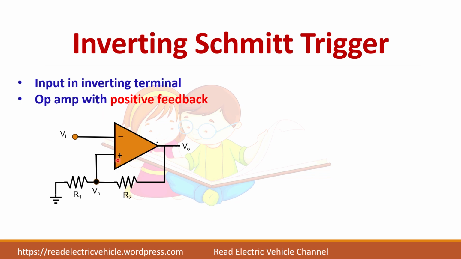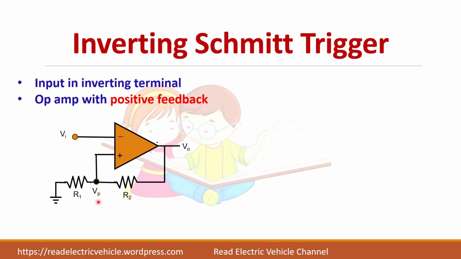The positive terminal has to be given the feedback, so we have a feedback resistance and another resistance used to ground it. Now the input is given to the inverting terminal, and this input voltage will be compared with the voltage available here.